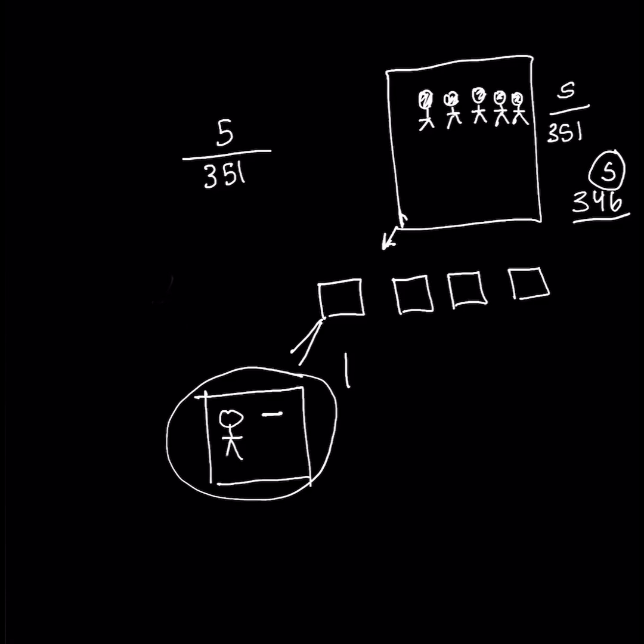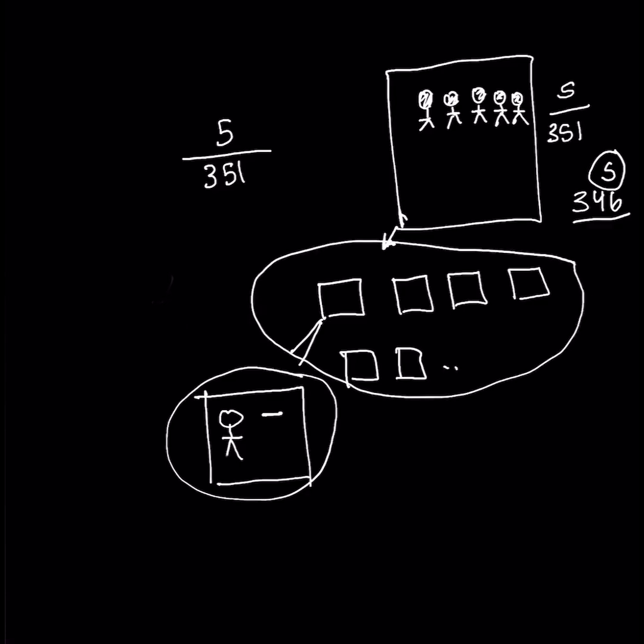So we have 351 groups, and each one of these little groups has almost a full healthy person and a tiny sliver of a sick person. Okay, so what we did was we said 5 divided by 351.